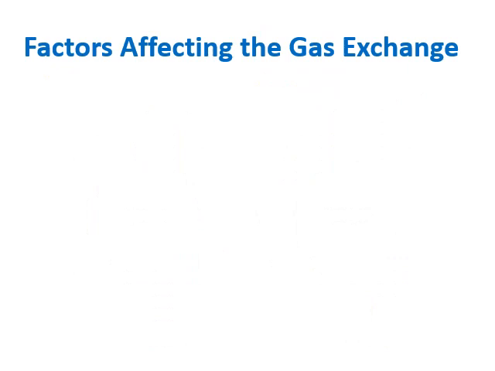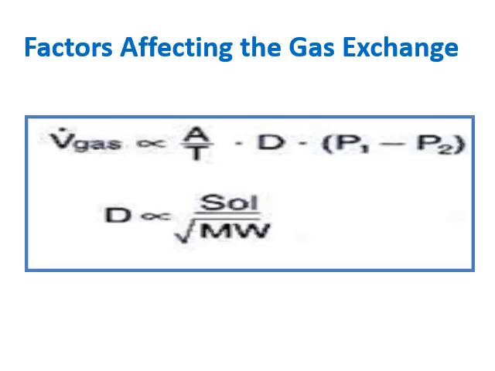Now, what are the factors affecting the gas exchange? Or in other words, what are the factors affecting the simple diffusion of a gas across the cell membrane or the capillary wall? Well, the rate of transfer of a gas by simple diffusion across the membrane is directly proportional to the driving force, which is the difference in the partial pressure of the gas between the alveoli and the pulmonary capillary.